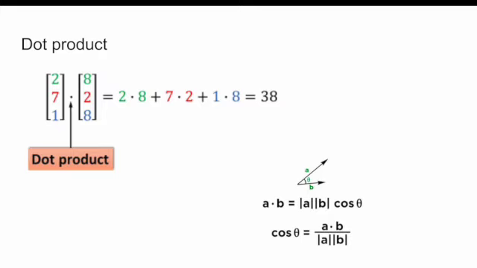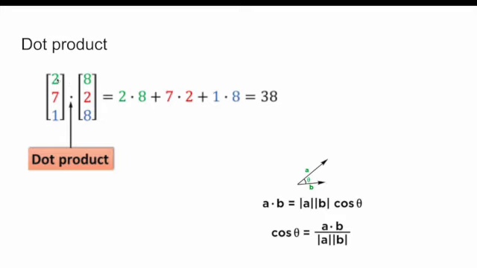So the dot product is basically a way to multiply vectors, and it's again very simple. I think it's best illustrated with an example rather than by showing you the formula, just because of how simple it is. So if we're given two vectors, one which is 2, 7, and 1, and the other which is 8, 2, and 8, and we want to find their dot product, all we've got to do here is just do 2 times 8, 7 times 2, 1 times 8, and add them together.